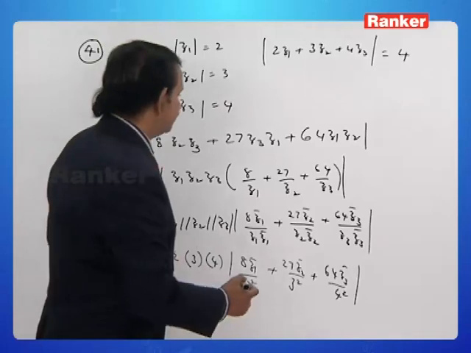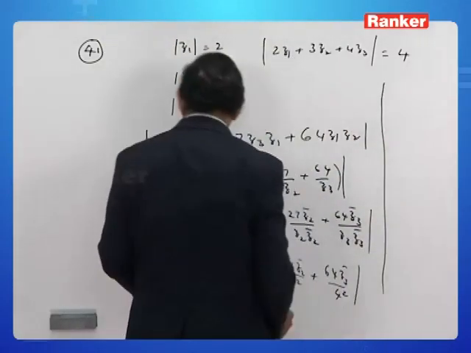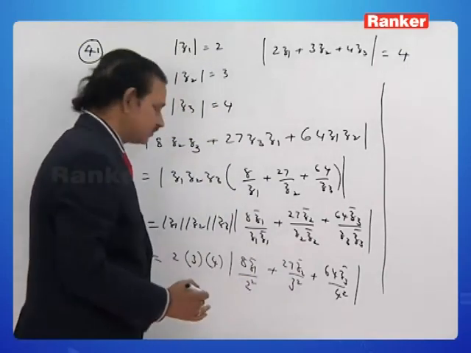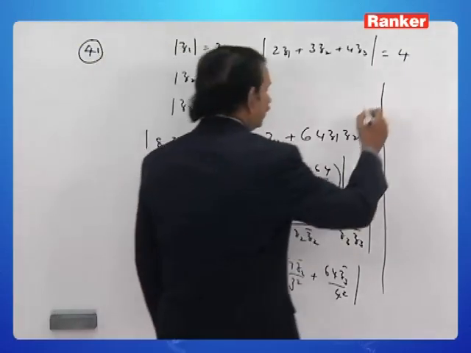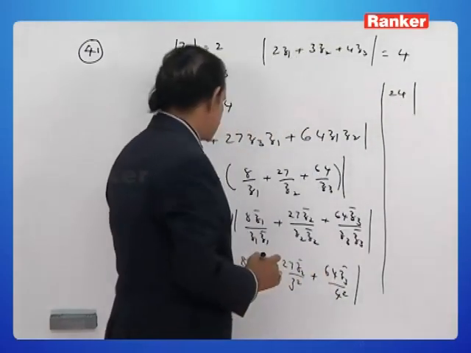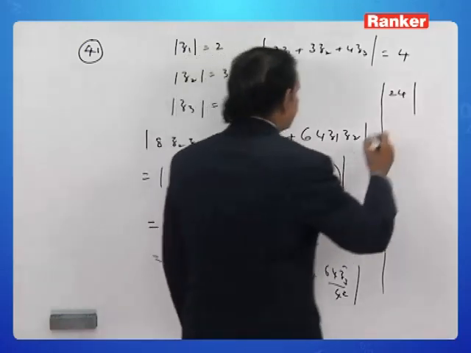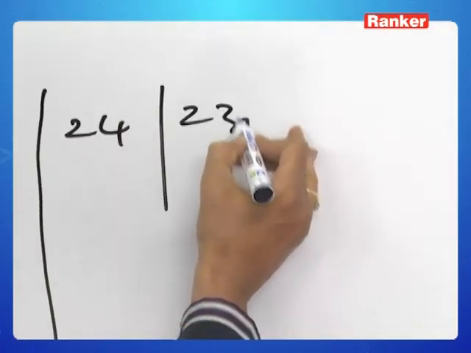Let us now simplify this further. 2 into 3 into 4 is 6 4s are 24. 24 into, what is 2 square? 4. 8 by 4 is 2, so this is 2Z1 bar.